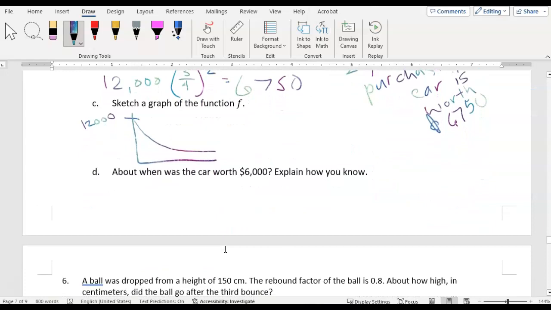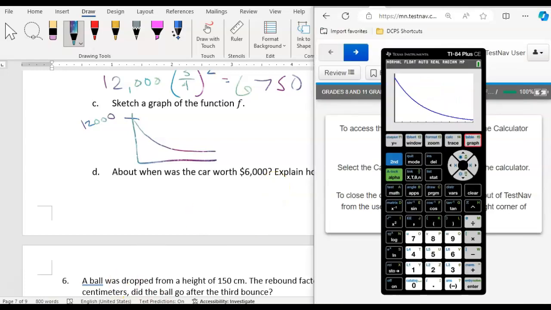About when was the car worth $6,000? Explain how you know. So we can go again into the calculator and go to second table. And we're looking for when the car was about $6,000.